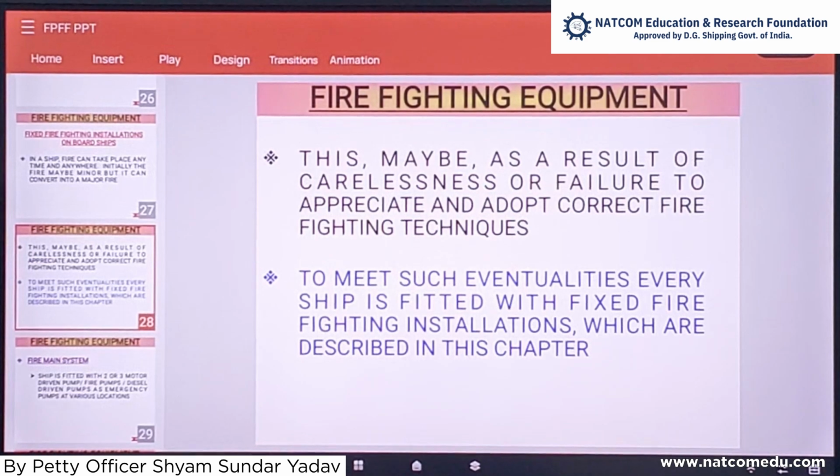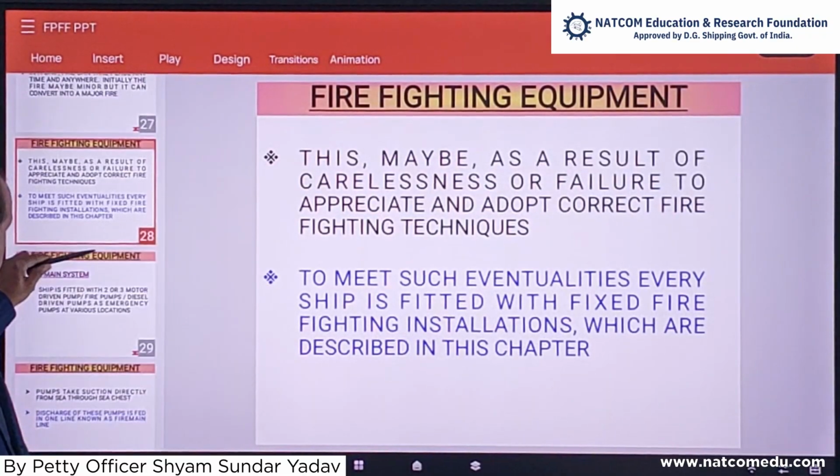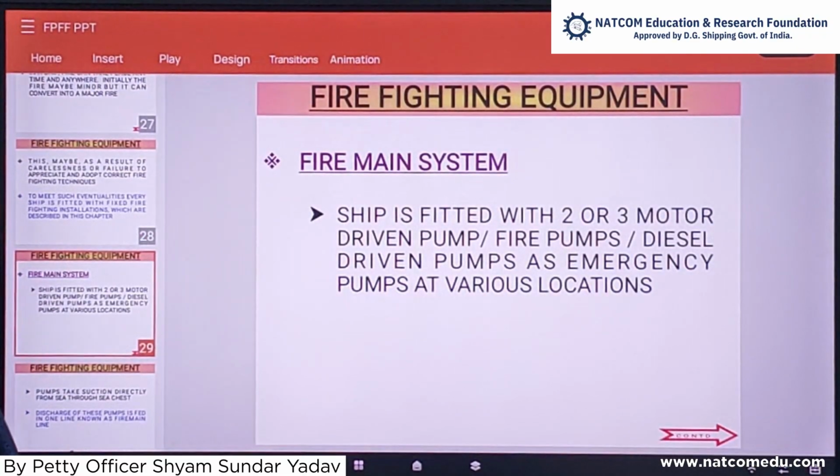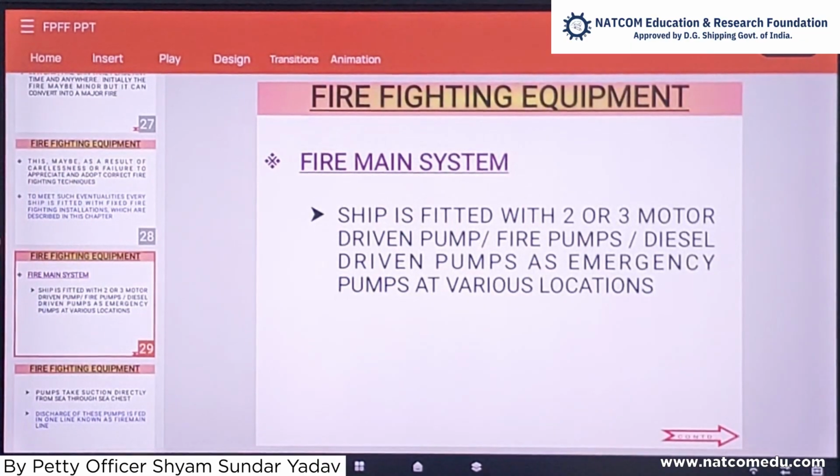Make sure to meet such requirements, every ship is fitted with fixed firefighting installations which are discussed in this chapter. Fireman system, it is clearly written, you can read.